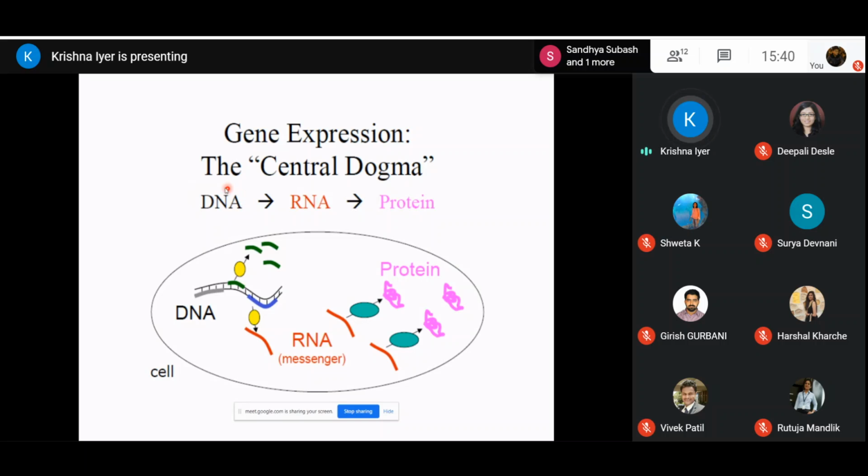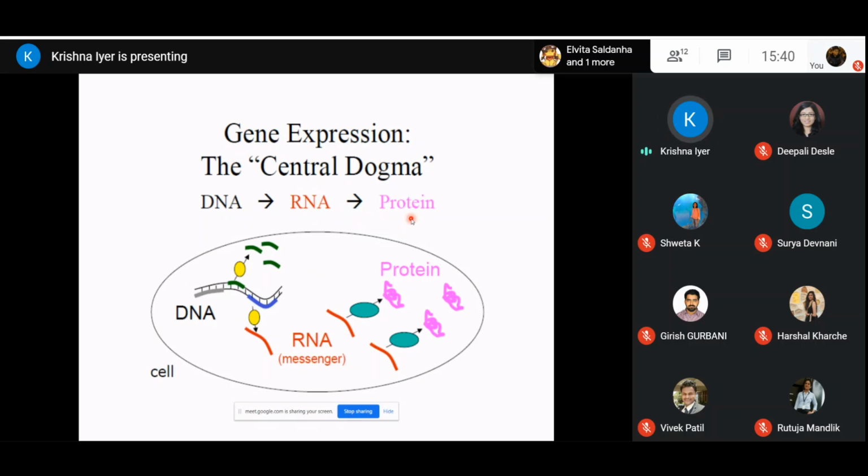One is a replicative function, where it faithfully copies itself in preparation for passage to the progeny, and the other is called life functions, where the information in the DNA is read initially by transcription to get an RNA, and from that RNA it is translated to give you a protein. This is a very classic flow you have seen probably many times now: the double-stranded DNA, the single-stranded RNA, to the final protein.